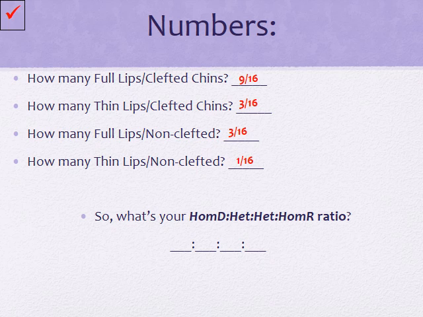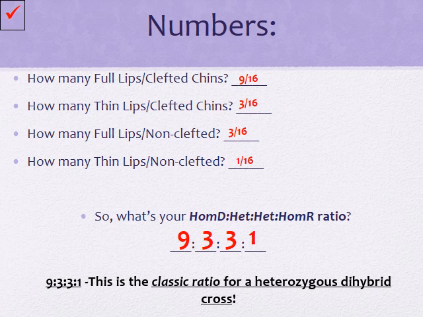So the ratio that you're always going to have here, when you're crossing 2 heterozygous individuals for both traits, is a ratio of 9 to 3 to 3 to 1, being homozygous dominant, heterozygous for one trait, heterozygous for the other, and homozygous recessive for the last. So 9 to 3 to 3 to 1 is the classic ratio for a heterozygous dihybrid cross.